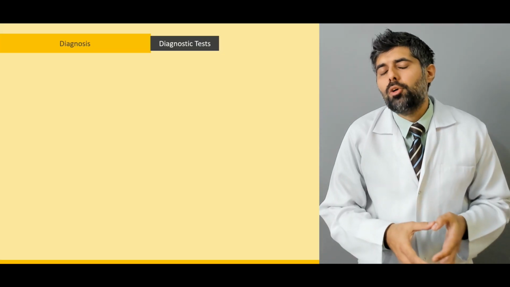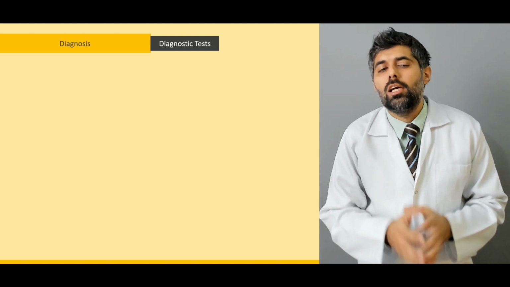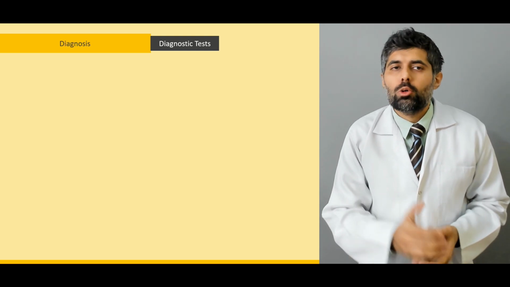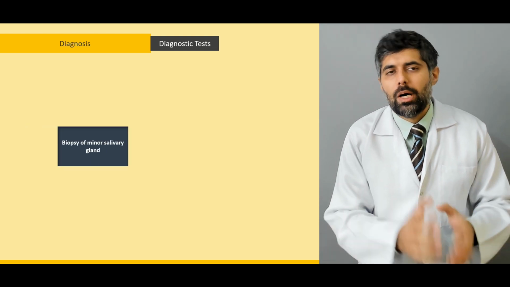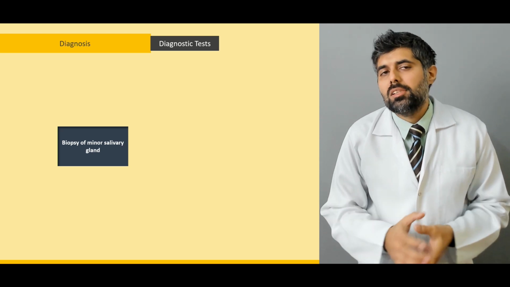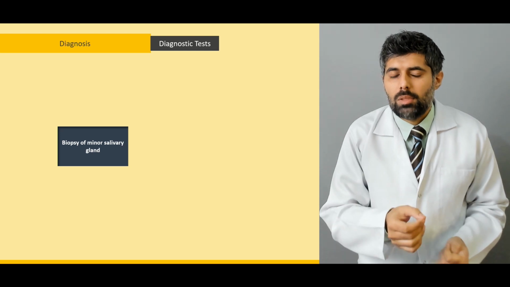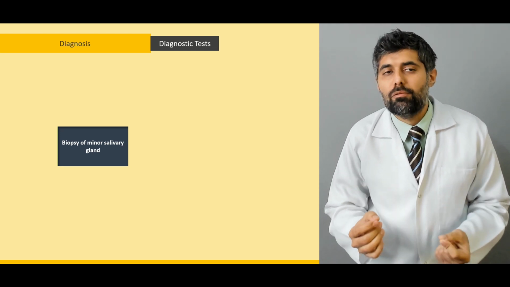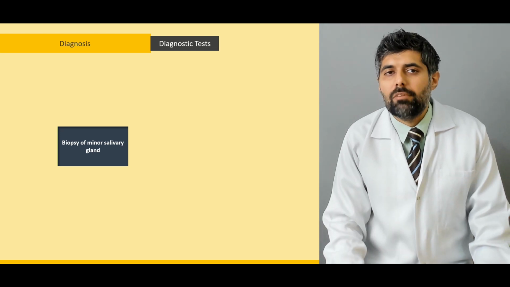Now, these laboratory tests are both non-specific and non-confirmatory for Sjogren syndrome. In order to confirm its diagnosis, we usually perform a biopsy of minor salivary glands. And usually the minor salivary glands that are biopsied are labial salivary glands, which are usually found around the corners of the lips and the oral cavity.